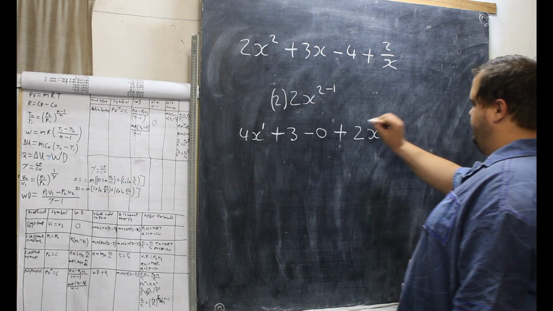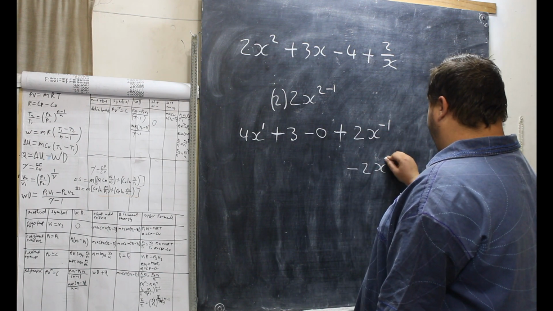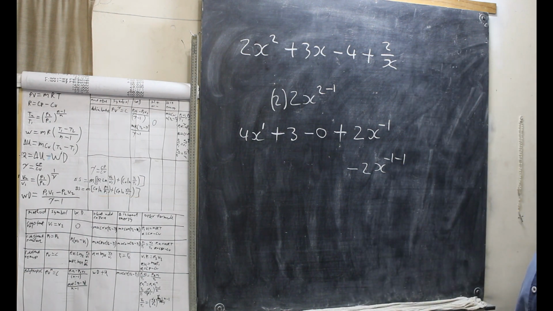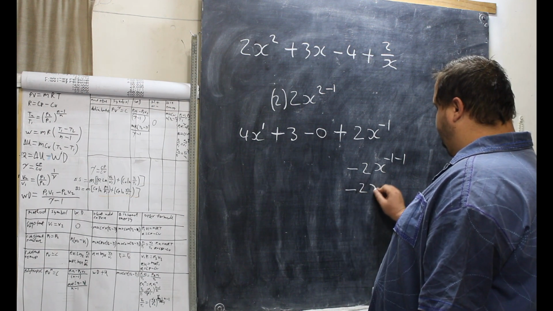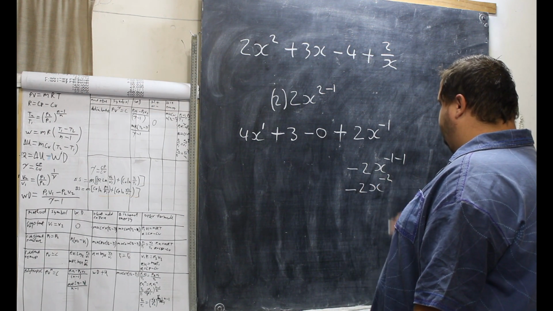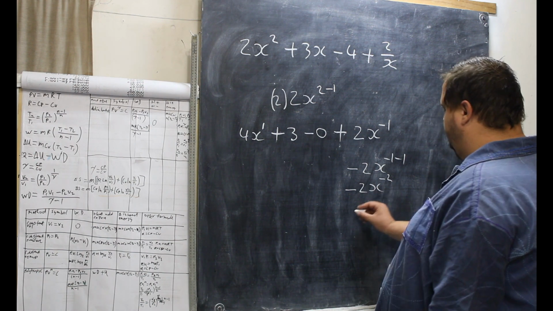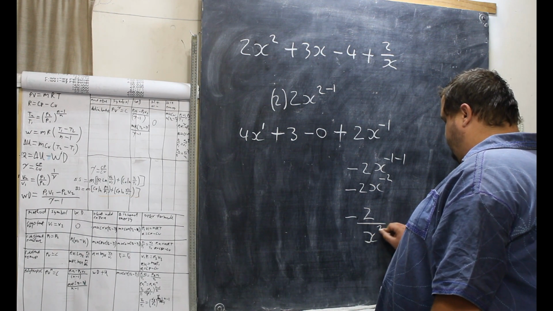So we multiply 2 by minus 1, we make it minus 2x to the minus 1 minus 1, which makes it minus 2. So minus 2x to the minus 2. So our sum will look like minus 2 over x squared.